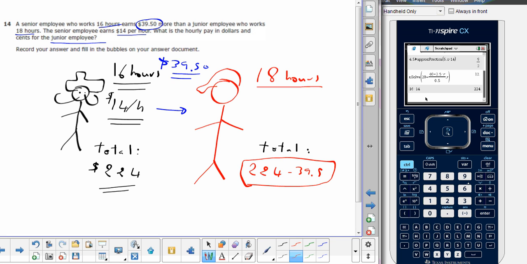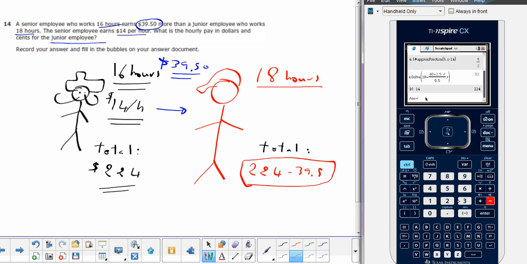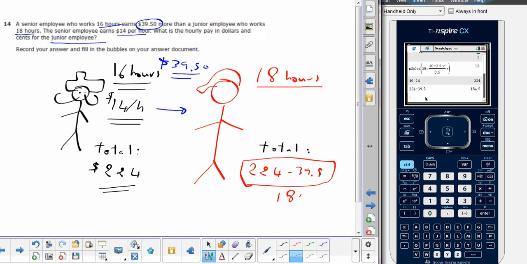So let's do the math. That's minus 39.5. This is just basic math. He makes $184.50. So imagine if he makes $184.50 in 18 hours. So what's his rate per hour? What you do is take the total and divide by 18.